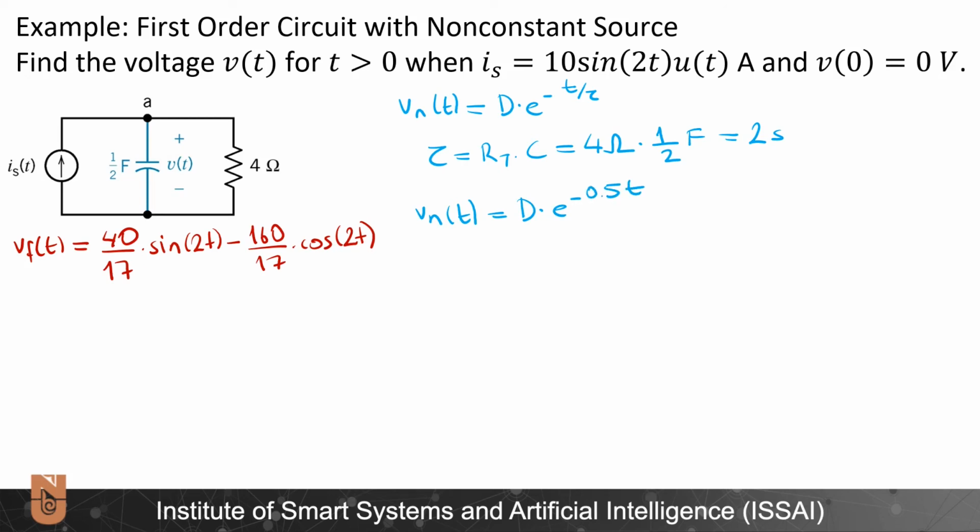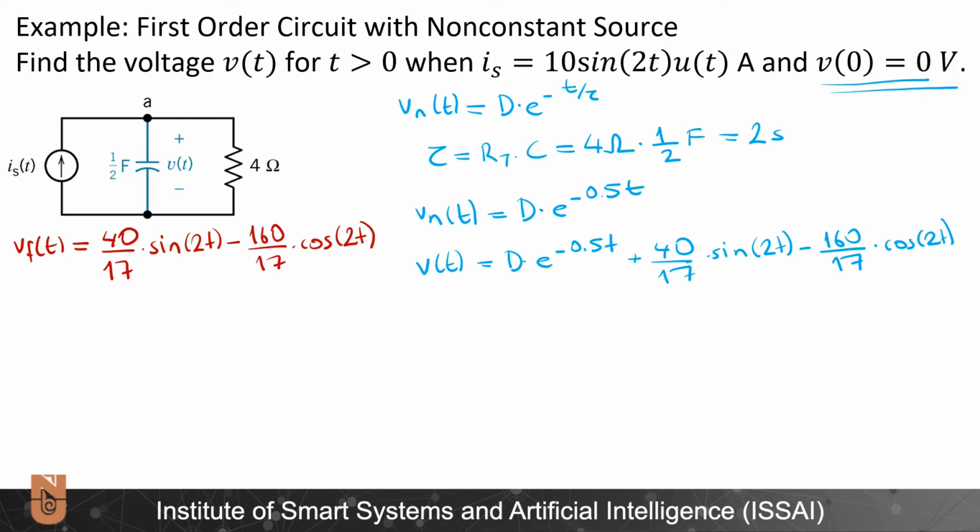Now, the complete response of the circuit is this. V of t is equal to D times e to the minus 0.5t plus 40 over 17 sine 2t minus 160 over 17 times cosine 2t. Now, I know the initial condition for this circuit.